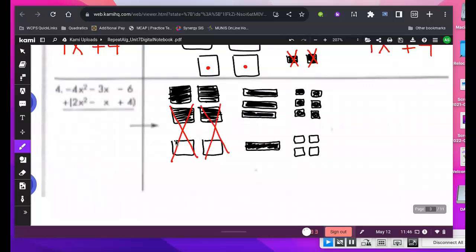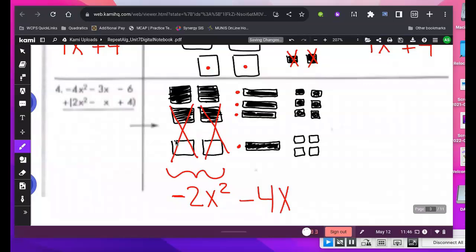So how many big x squared tiles do I have? 2 of them, and they're shaded in, so they're negative. So negative 2x to the second power. I don't have any positive x's to cancel out, so that means I have negative 4x tiles.